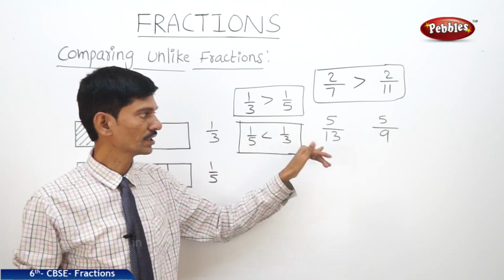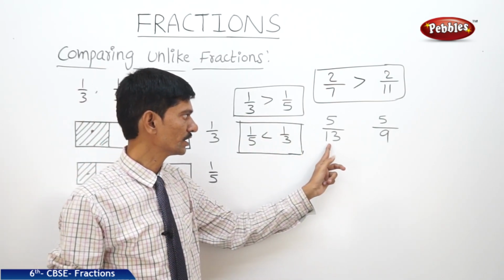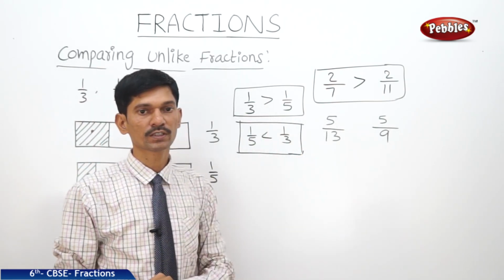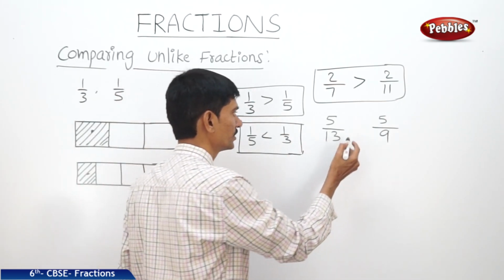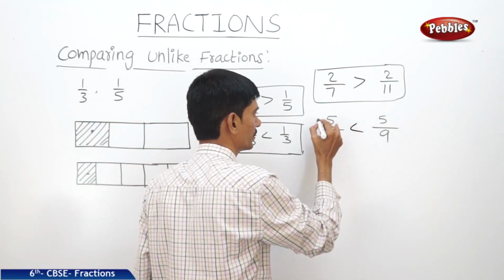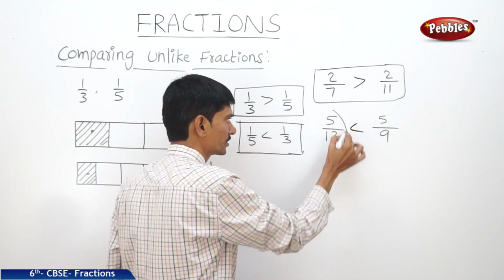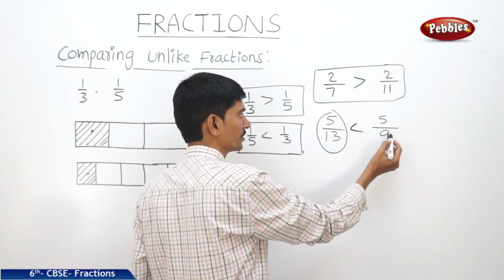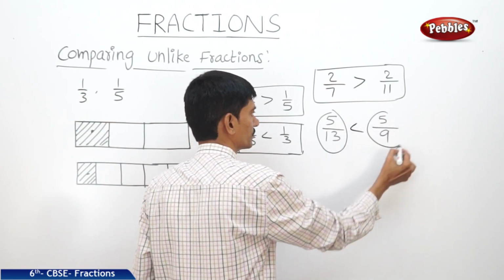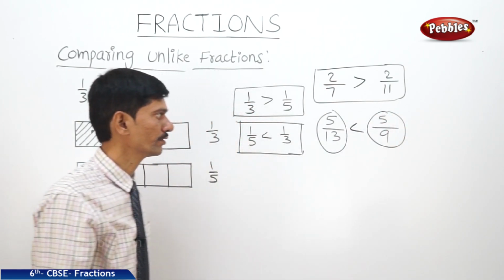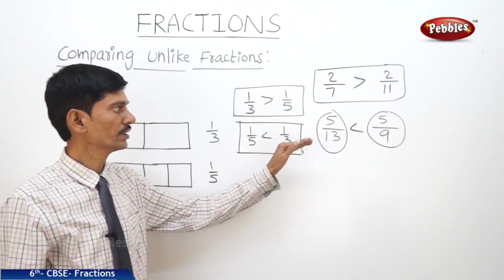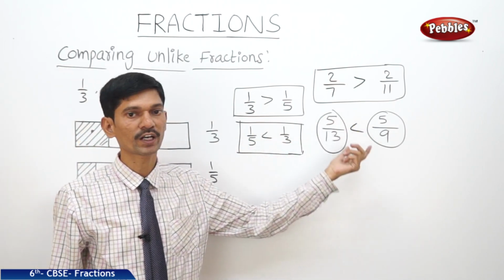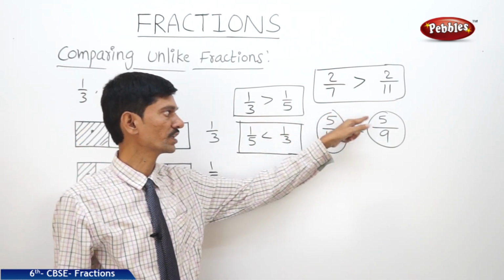Now if we compare the denominators, here 13 is greater than 9, so then we can say that 5/13 is less than 5/9 because the fraction with larger denominator is less than the fraction with smaller denominator. So in this way we can compare any two fractions, means unlike fractions, with the same numerator.